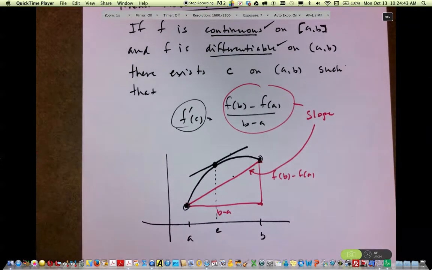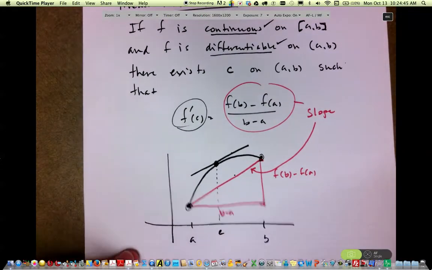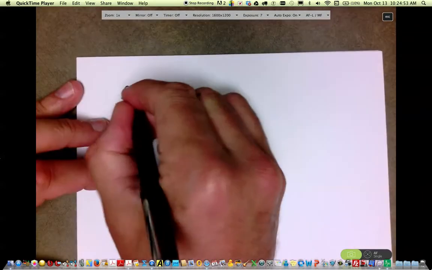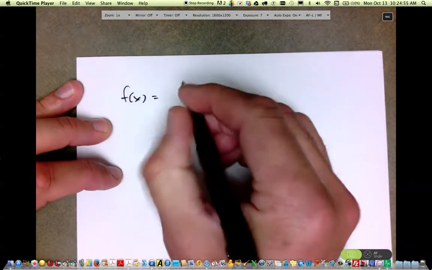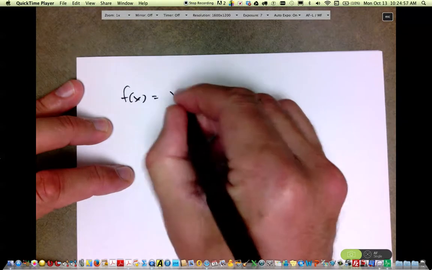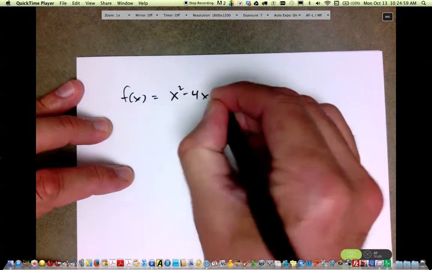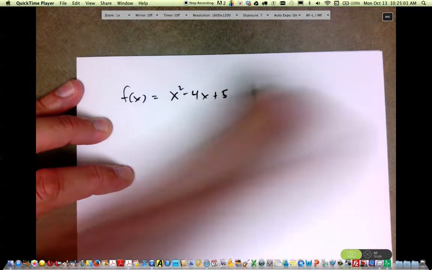Okay, now a typical kind of question on this one might be, given a function, find the value of c. All right, so let's say that we have f of x equal to x squared minus 4x plus 5.